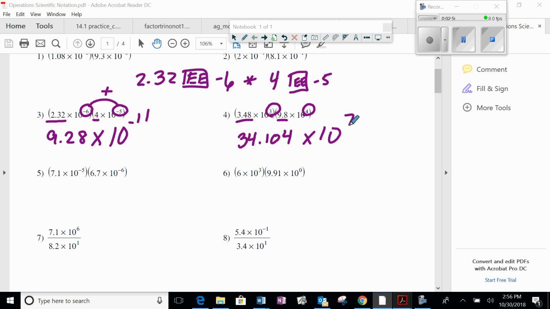But there are 2 digits in front of the decimal. 34 is larger than 9, so we have to add a decimal place. So I'm going to move it over one more time, and I'm going to add an exponent. So if we have to add a decimal, we have to add an exponent. So then that gives me 3.4104 times 10 to the 8th power.